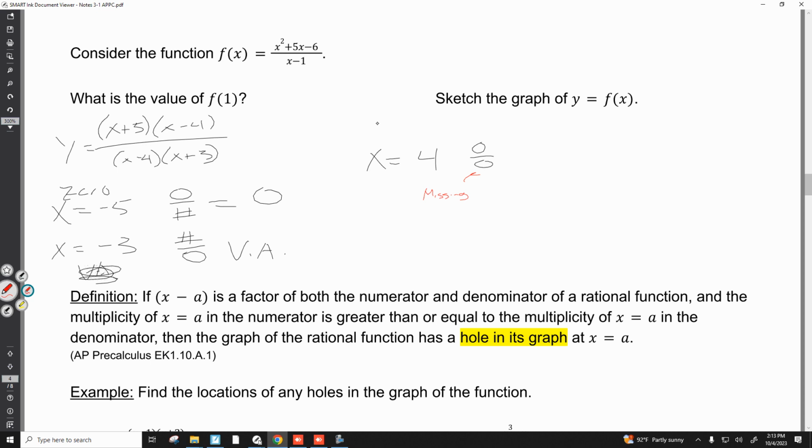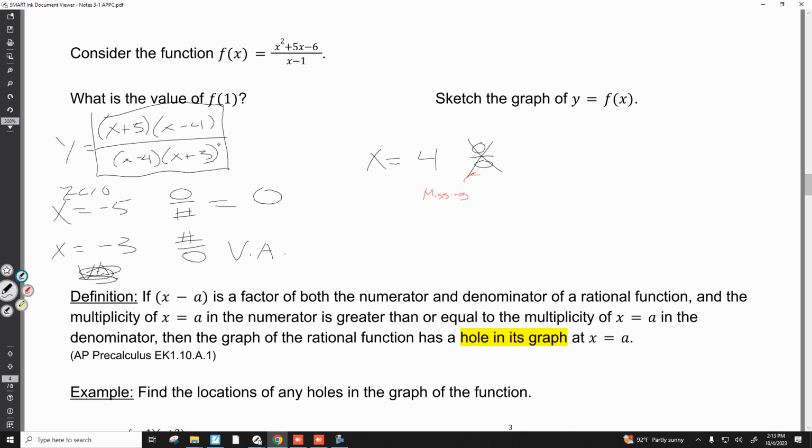Let's think about plugging in something close to 4. Now, before we get 0 over 0, go ahead and write out all of your factors with 4 plugged in. Write them all out with the multiplication and don't simplify. Plug in 4 everywhere and write out what you get.